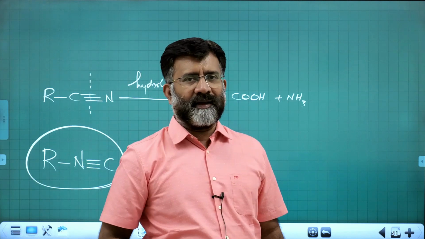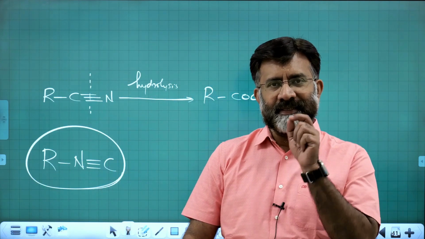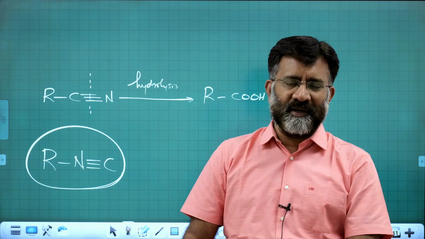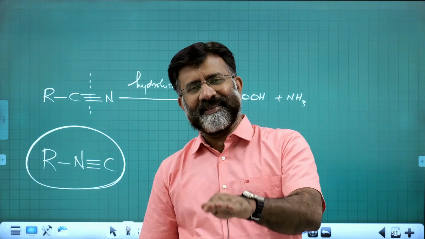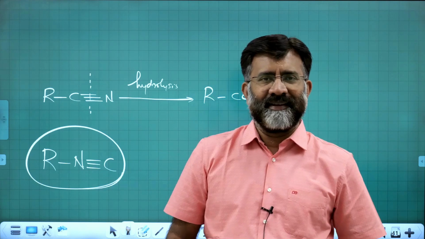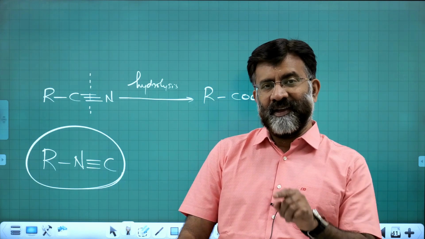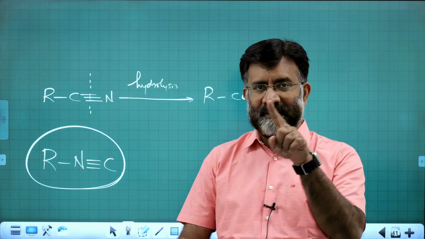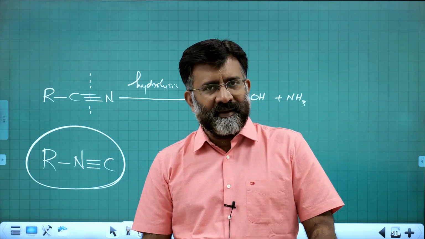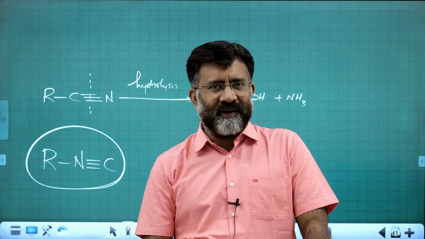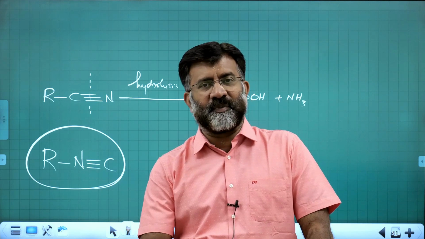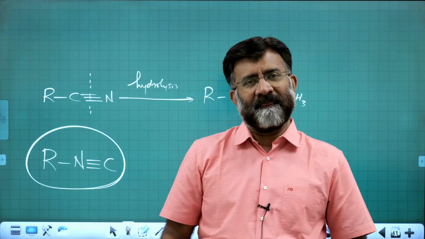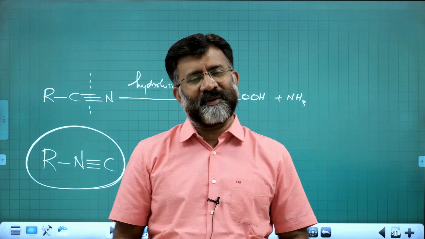Carbylamine is hydrolyzed only in acid medium, not in alkaline medium. So question number 1, why not in alkaline medium? And question number 2, if it hydrolyzes, what is the product obtained? And why in that product do you get a silver mirror test?